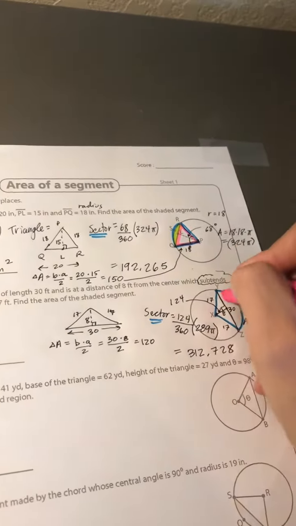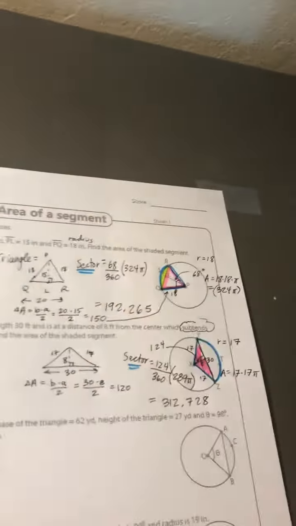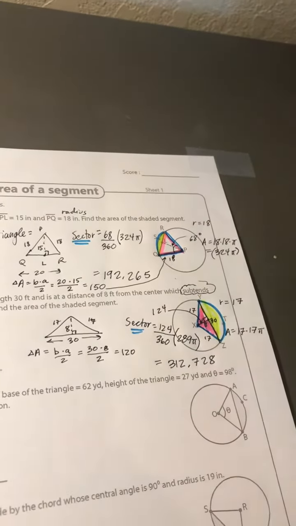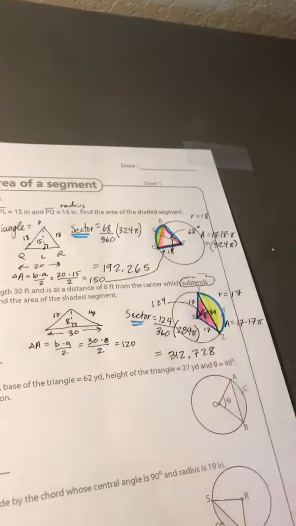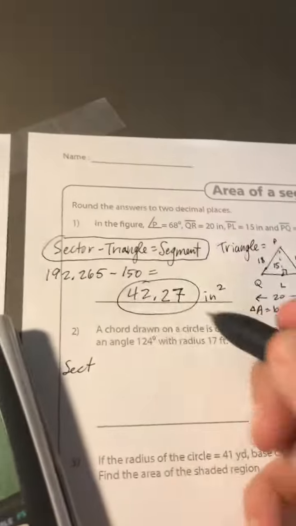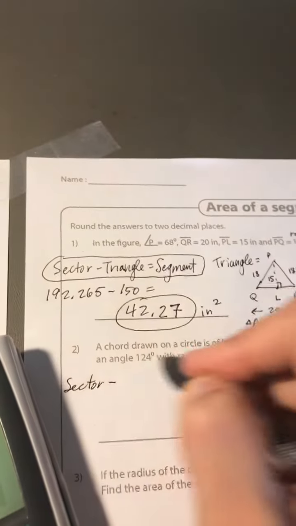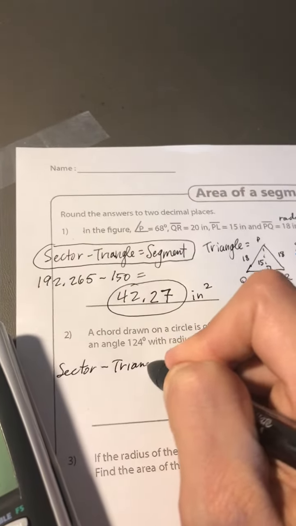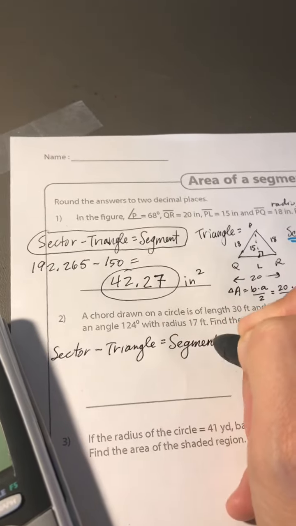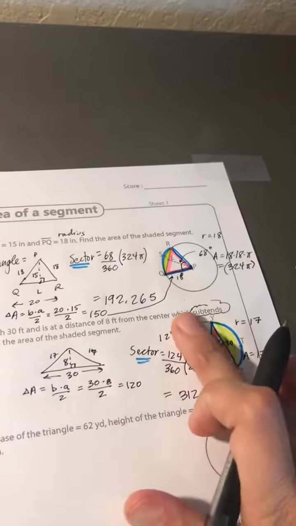I'm going to find the area of the yellow part by figuring the blue minus the pink has to equal the yellow. The sector minus our triangle, if I cut off that triangle, should equal the segment or the sliver. All right, the blue part, take away the pink part, leaves us the yellow part.